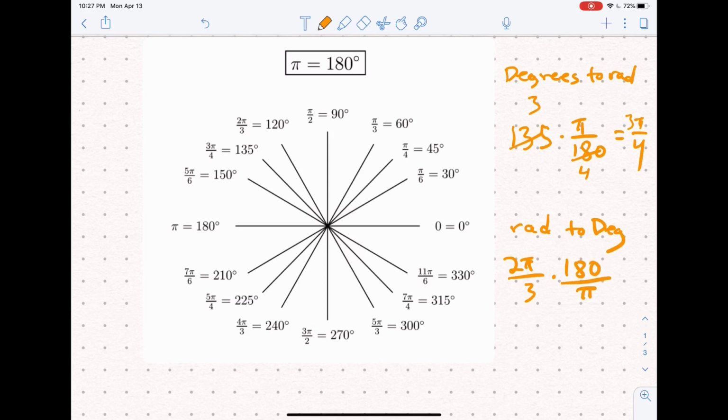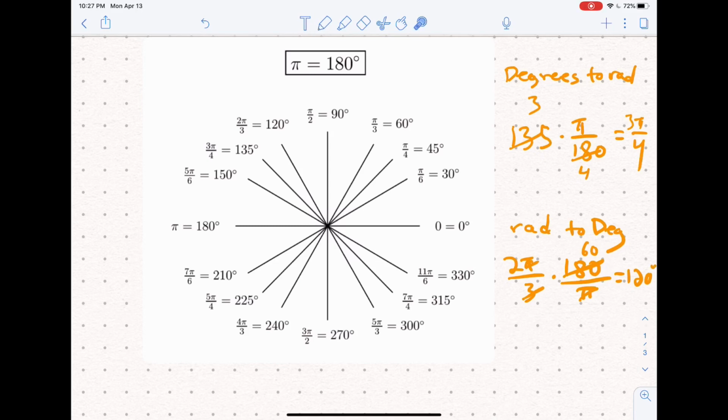So multiply by 180 over pi to convert radians to degrees. Here, what's nice is that the pi's cancel. 180 cancels with 3. Let me see, 3 goes into 180 60 times. So this cancels here. It'll leave 60. And then 2 times 60 is 120 degrees.